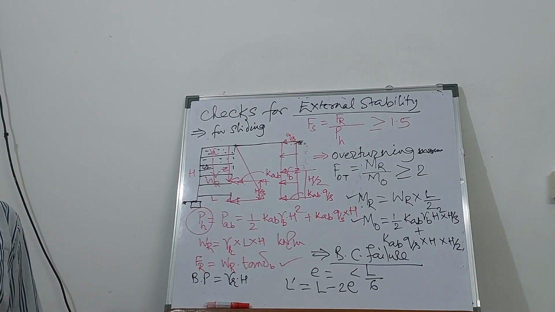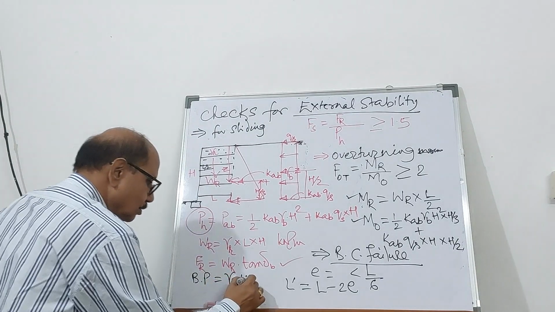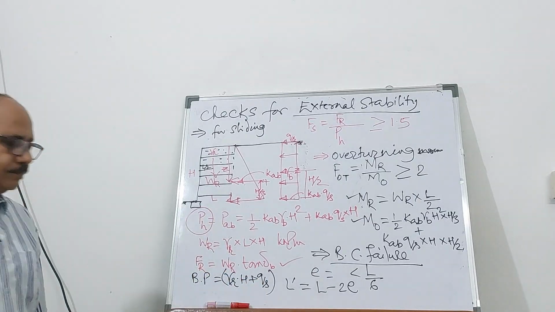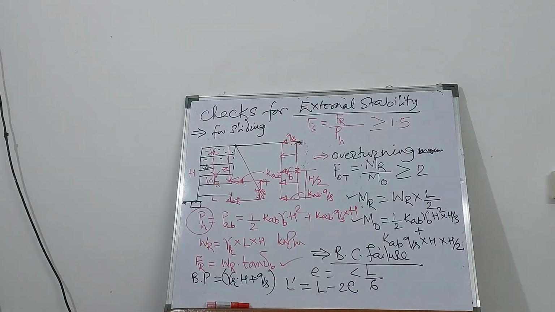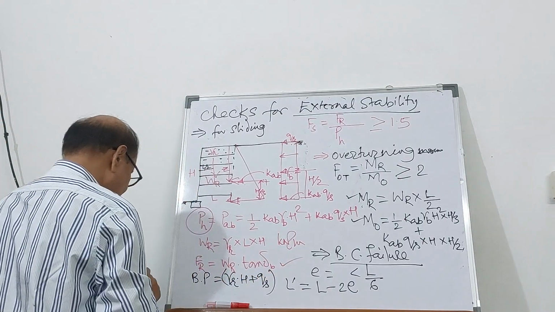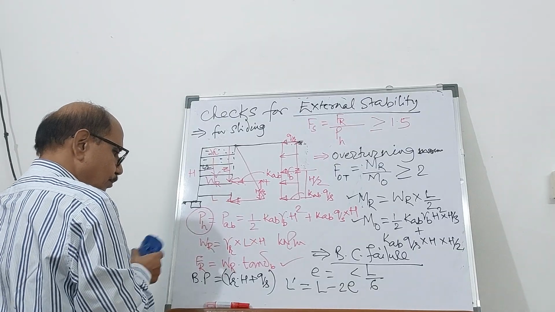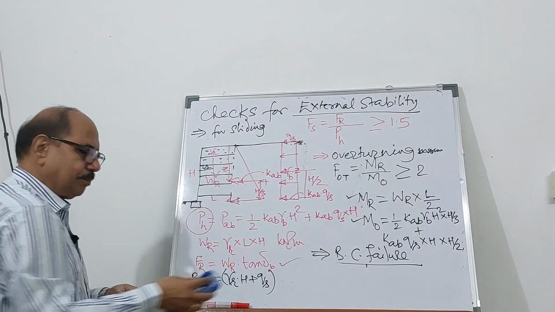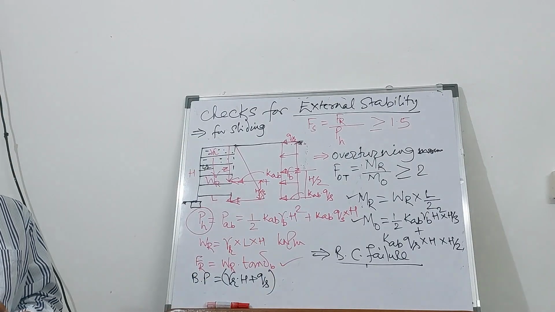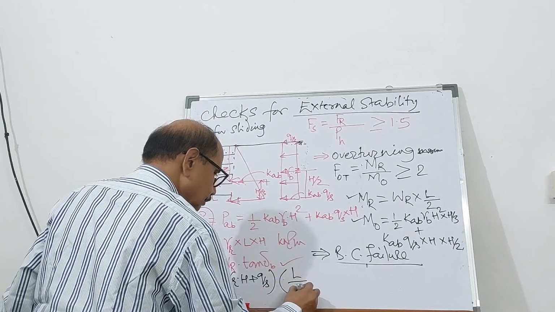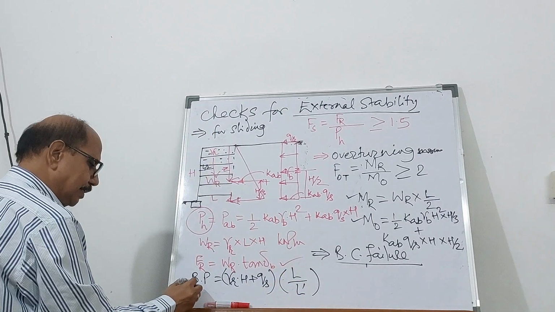Into 1 plus QS, the surcharge, if there is any surcharge, right? Multiplied by L, multiplied by L divided by L prime. That is the bearing pressure.